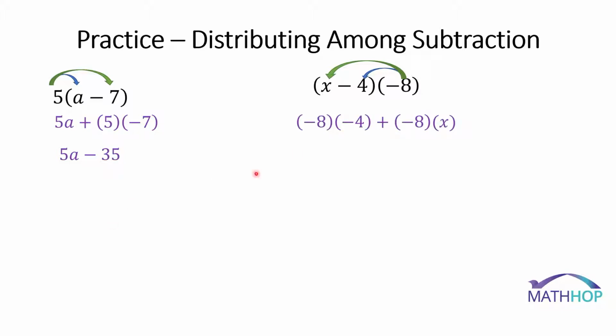So we get negative times negative is positive, negative times positive is negative. We get 32 minus 8x. Now, can we write this with the x term on the left-hand side? Absolutely, but be careful. You need to include that sign. 8x is negative. If you move it to the left, it still needs to be -8x.